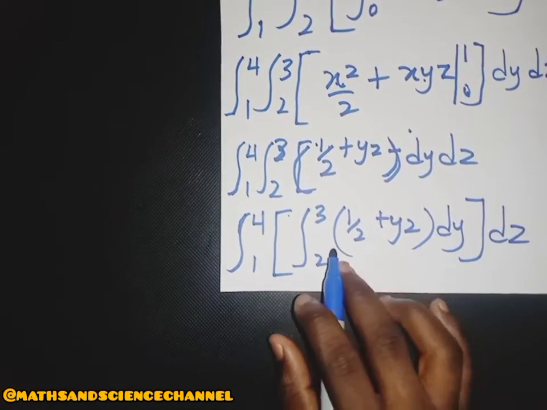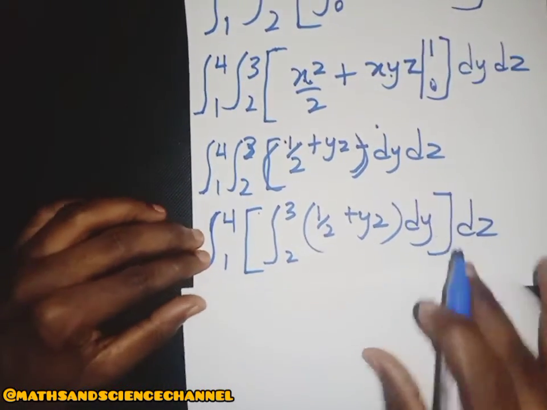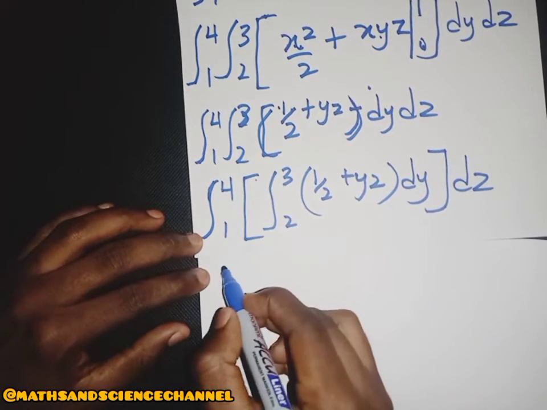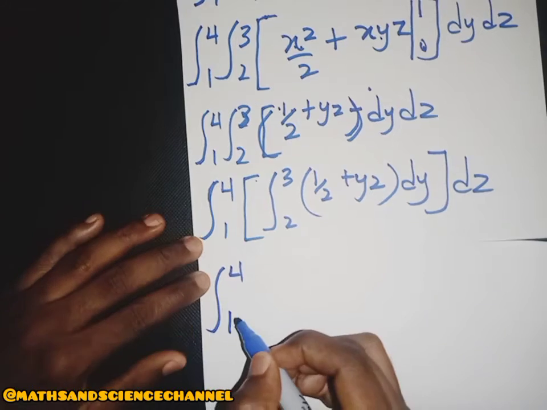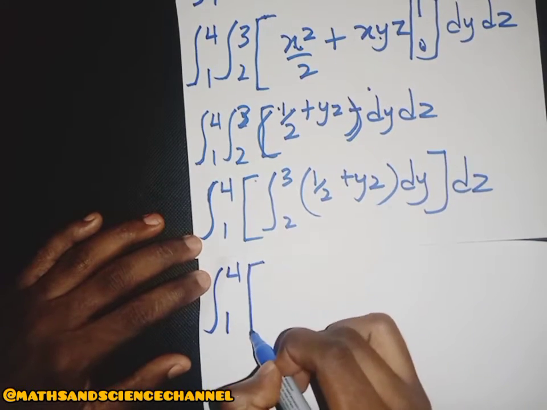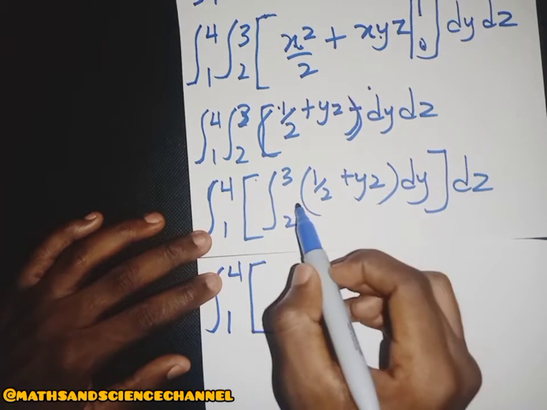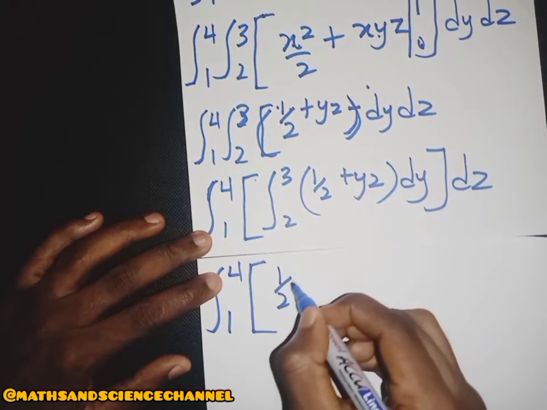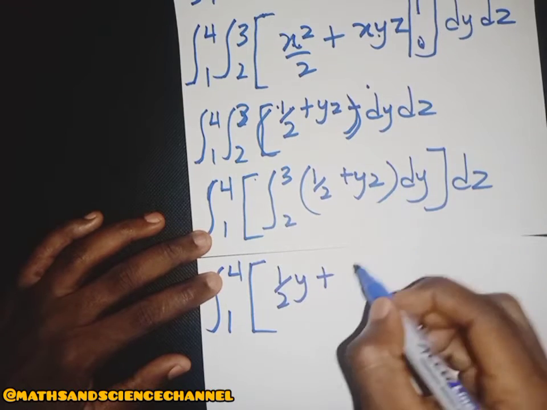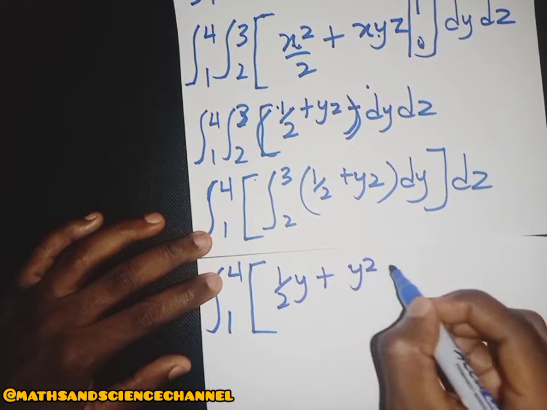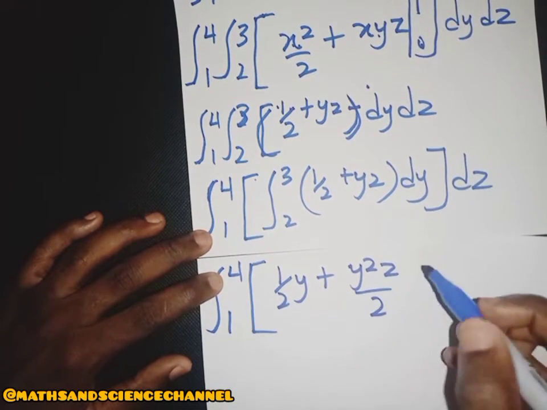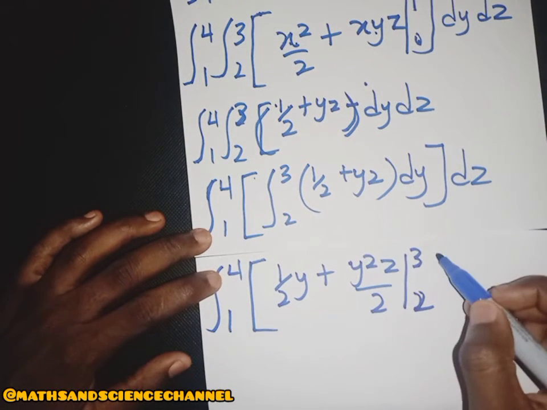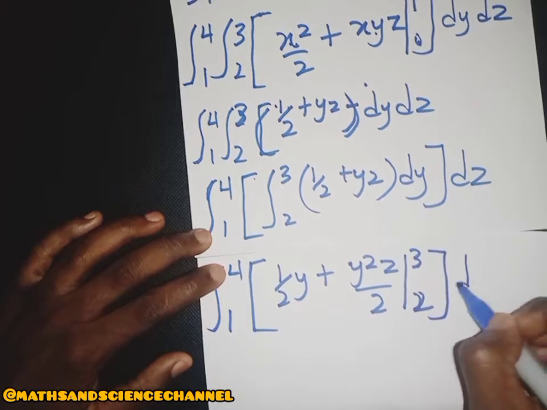So let's integrate that. Integrating, we have 1 over 2 y plus y squared z divided by 2, evaluated from 2 to 3, and then the dz outside.